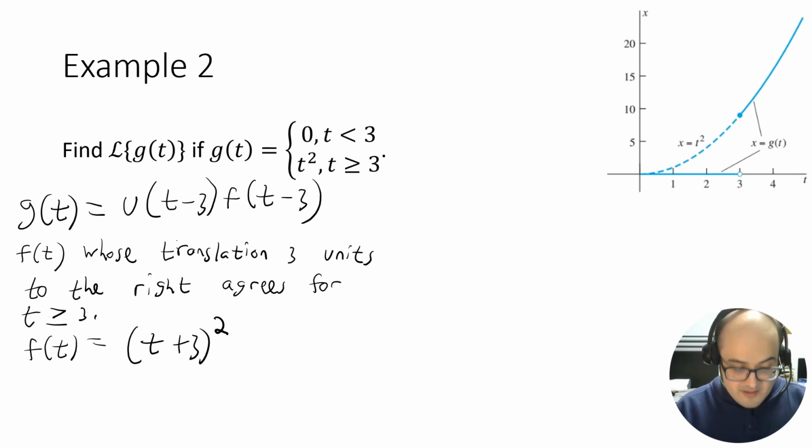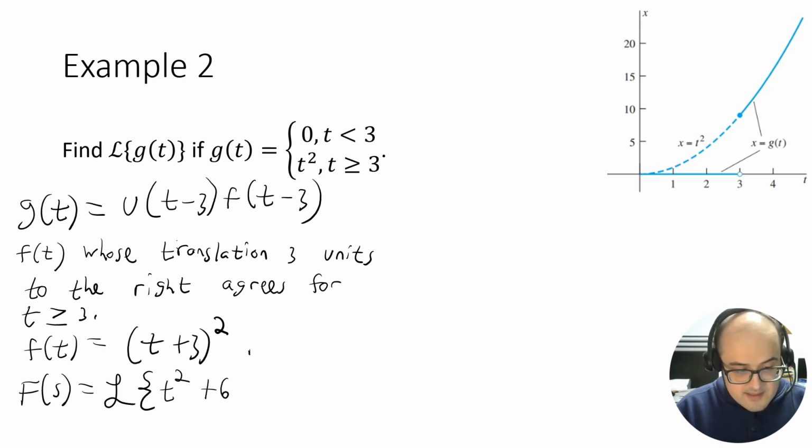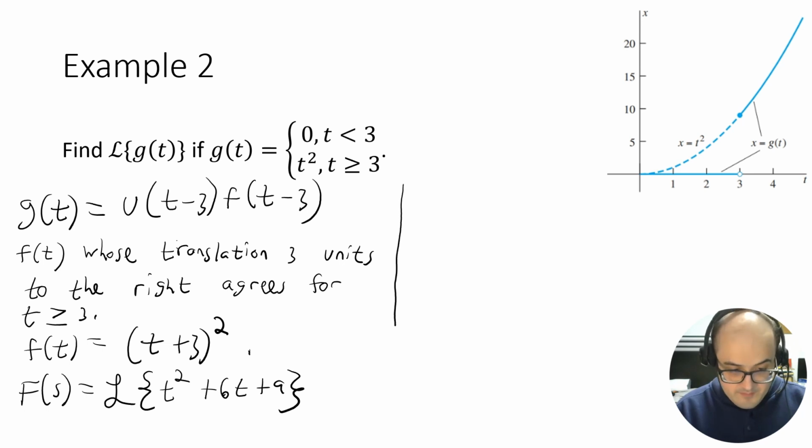So f of t is equal to t plus 3 squared, and then we find capital F of s, based on that Laplace transform. This would be t squared plus 6t plus 9 once we multiply out this binomial squared for f of t.